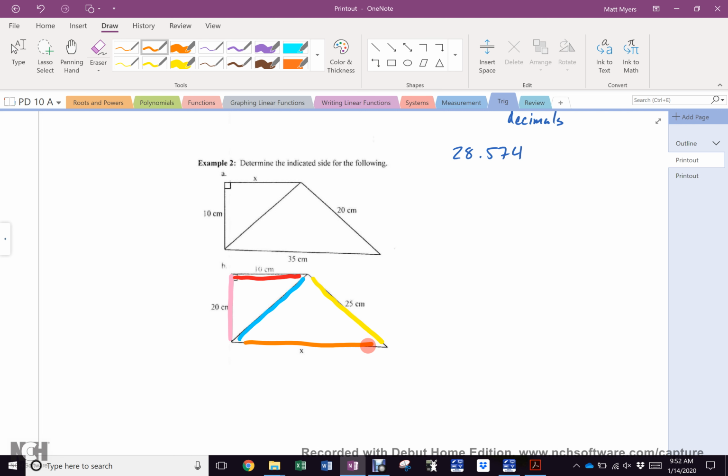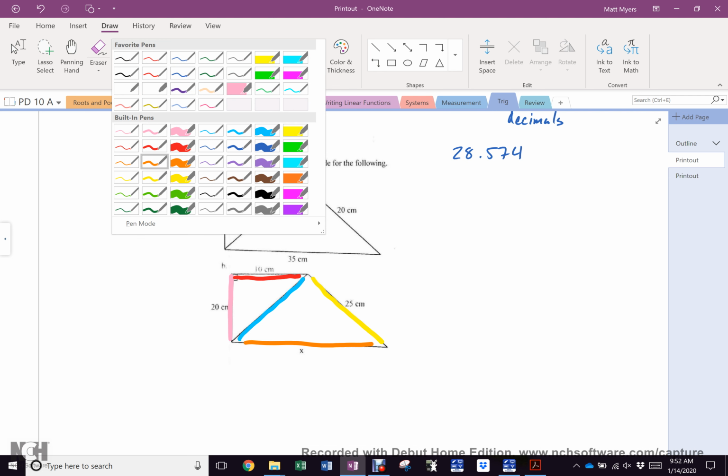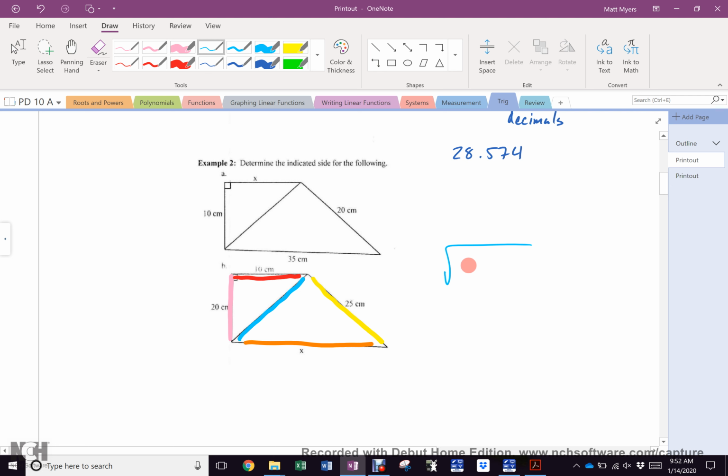What would you do? You would find the blue side? Doing what? Okay, so you would use Pythagoras to find the blue side, right? Okay, then what? So this blue side right now, we know is the square root of 10 squared plus 20 squared, right? Now what do?